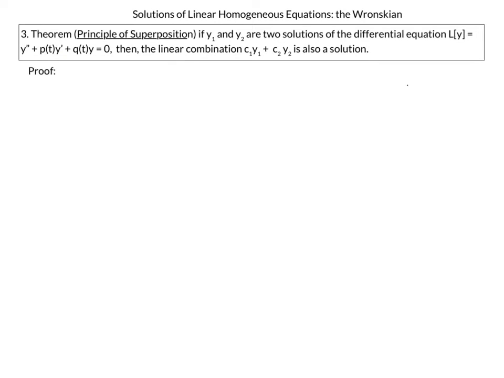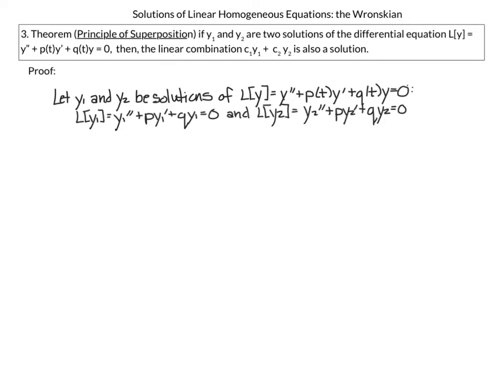The proof of this theorem is fairly straightforward. We start by letting y1 and y2 be solutions of our y double prime plus p of t y prime plus q of t y equals 0. In other words, L of y1 is equal to y1 double prime plus p y1 prime plus q y1 equals 0, and same for L of y2. It basically fits this equation.